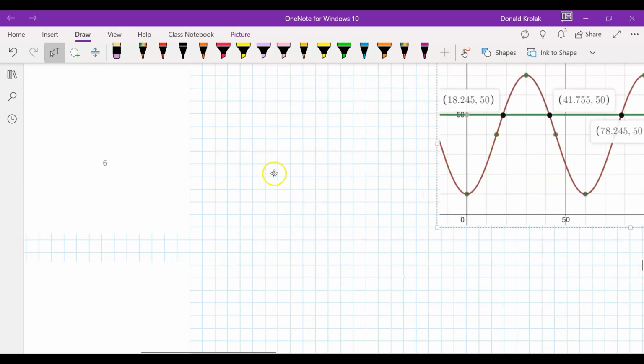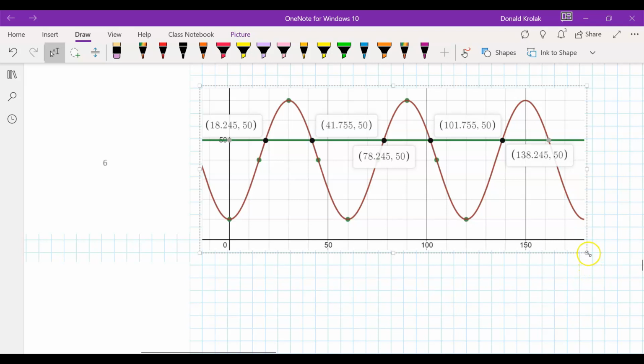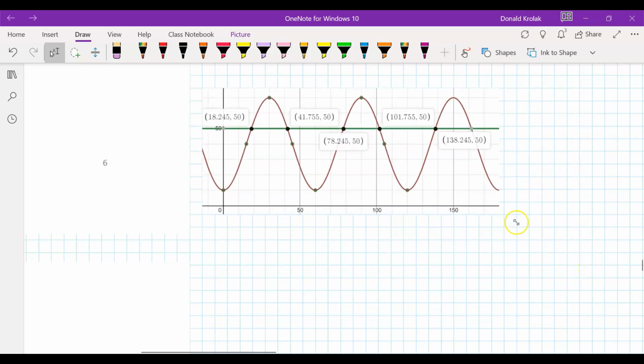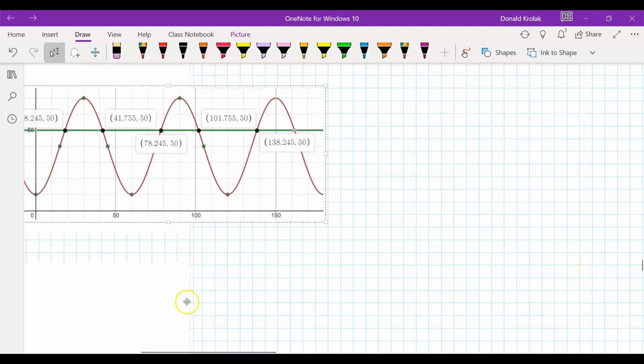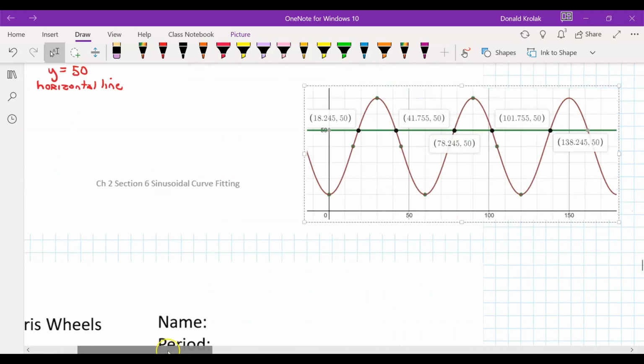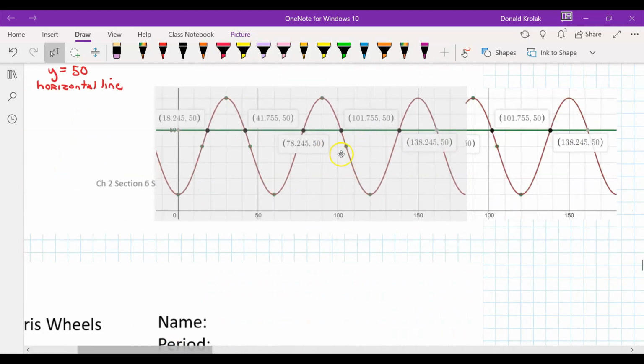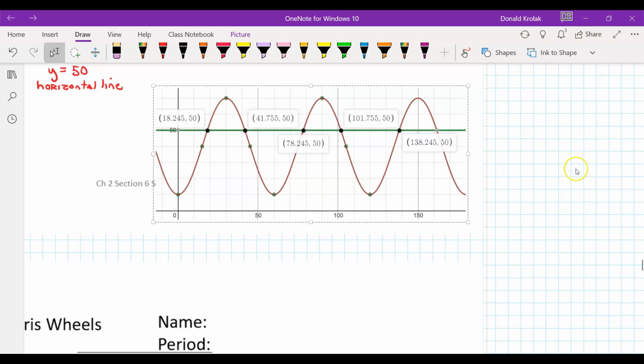So the number of times that we're at 50 feet is 2, because the next time we're at 50 feet, we're on the second turn. One rotation is to here, that's 60 seconds. So at 18 and at 41.